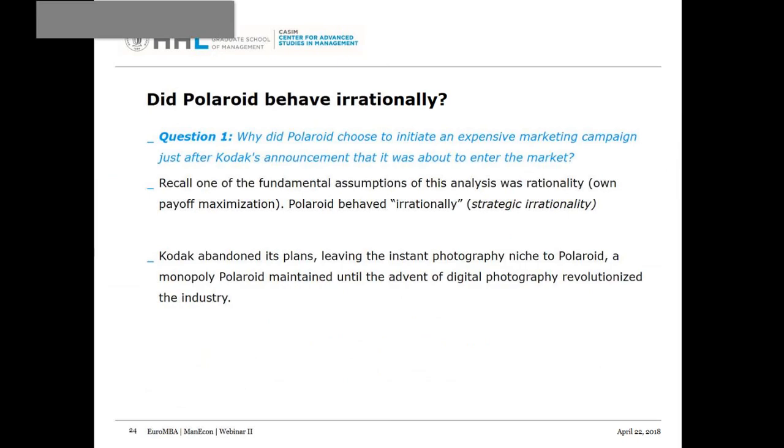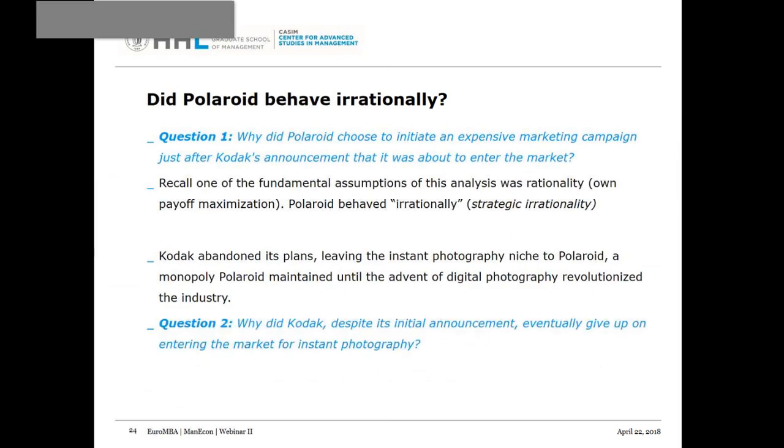So now, if Polaroid is not rational, everything and anything could happen. The interesting thing is that Kodak did not enter the market, and therefore the move by Polaroid was not really irrational, because this strategic irrationality led to a situation that was better for Polaroid, which is then rational.